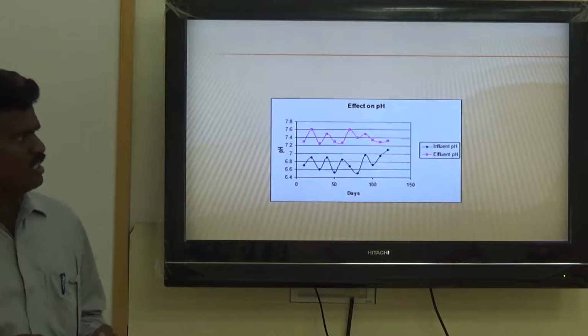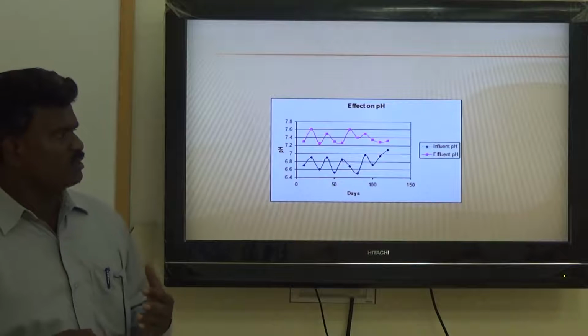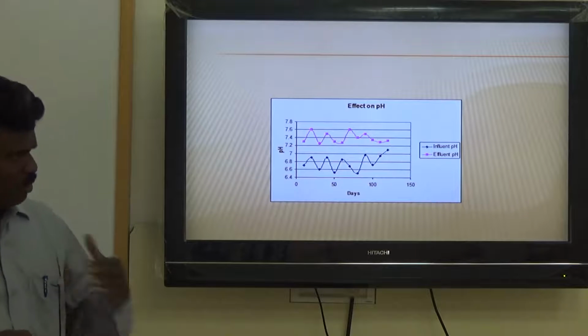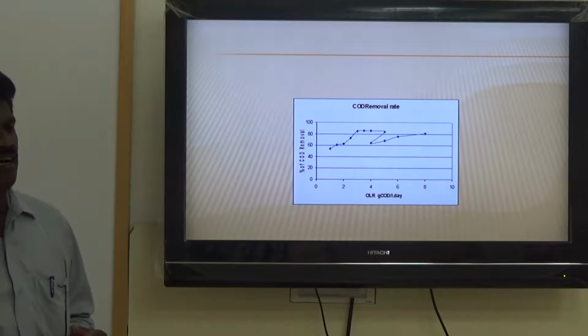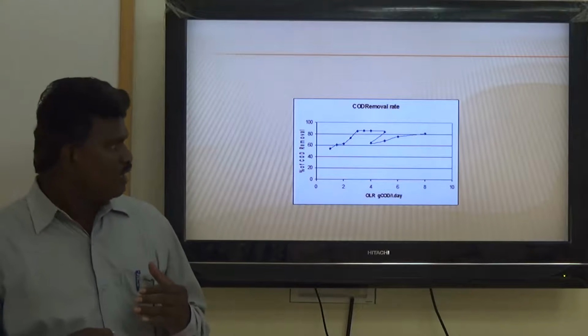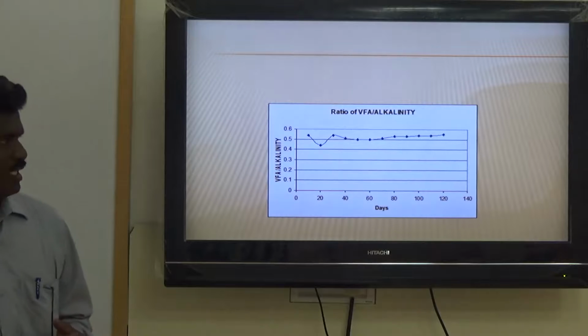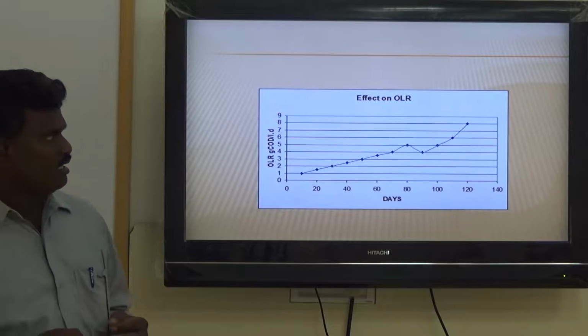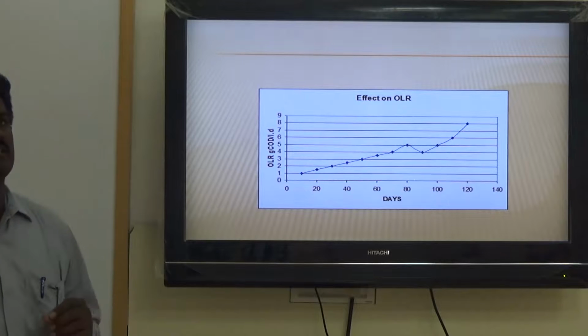The biogas production in the initial stage is somewhat less, and pH is also maintained in the neutral range. Here the COD removal rate is around 60 to 80%, and alkalinity and volatile fatty acids should also be maintained. Finally, the loading rate is an important parameter in the study.